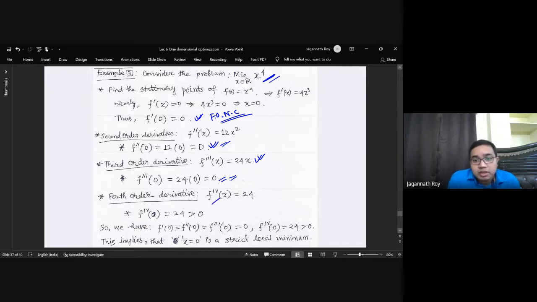But the fourth order derivative is greater than 0. So the first non-zero element is in the fourth derivative, which is an even number. So that is why we can claim that this is a local minimum.